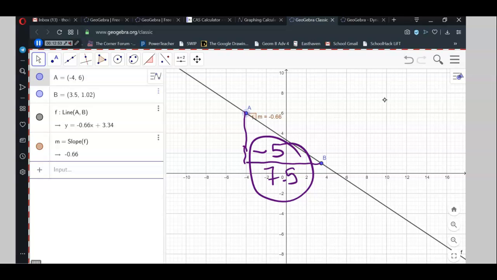One of the ways to do that would be for me to look at picking different points to work with here. Let me get a point that would be more precise, like this. Now I can just see this is 4, this is over 6, and this is down 4. So down 4 over 6.